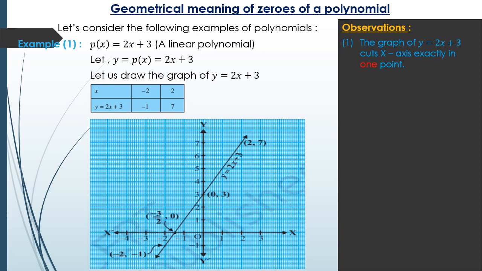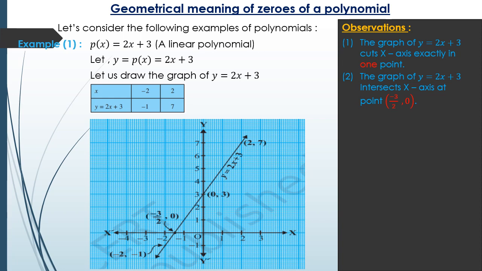This straight line is cutting or intersecting the x axis in only one point, and that point is -3/2, 0. These are the coordinates of the point of intersection of the straight line and the x axis. So this is the first observation, that the graph is cutting the x axis in only one point.